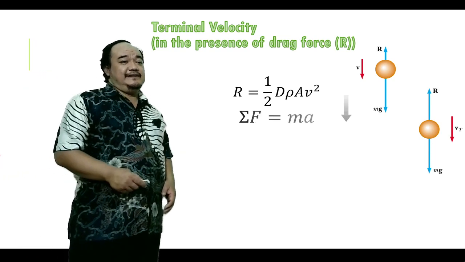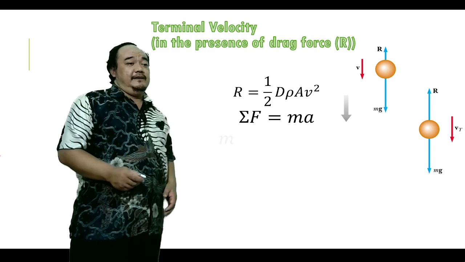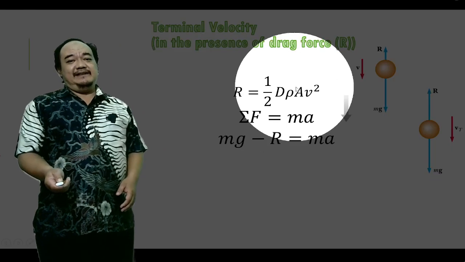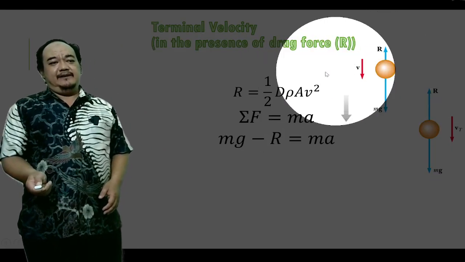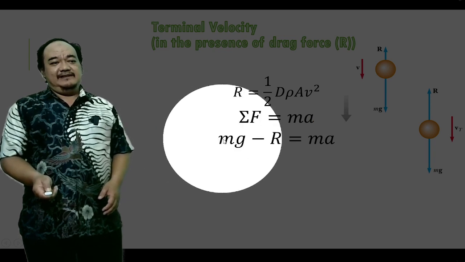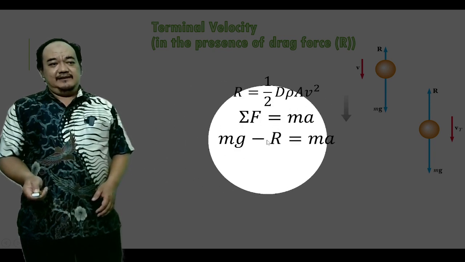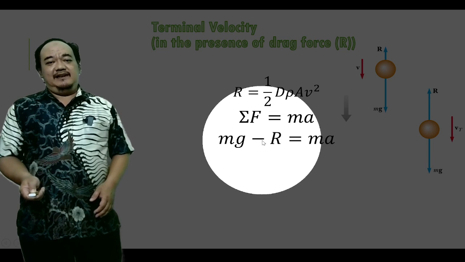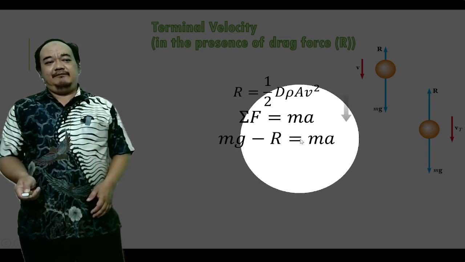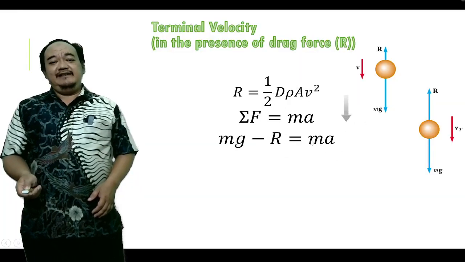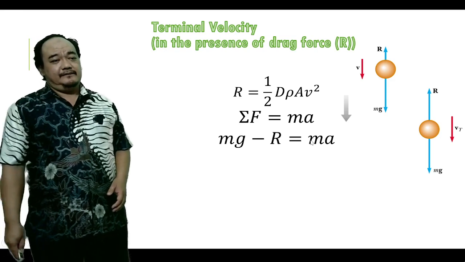Now we apply the second law of Newton. Based on the free body diagram, we have the expression mathematically as follows: mg minus R equals ma. A here is the acceleration of the object.